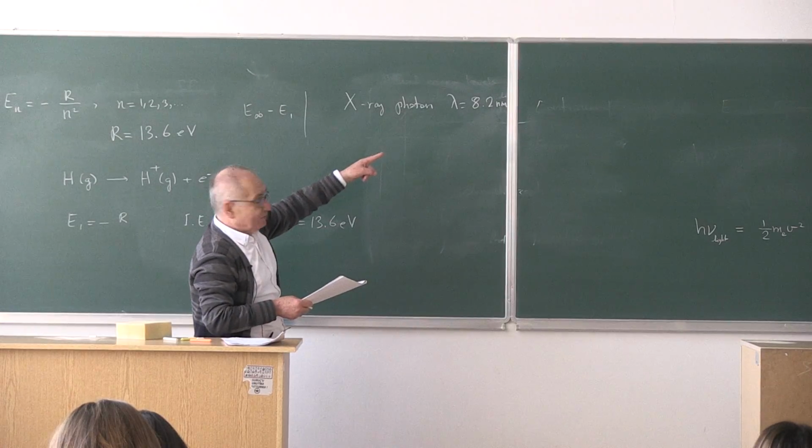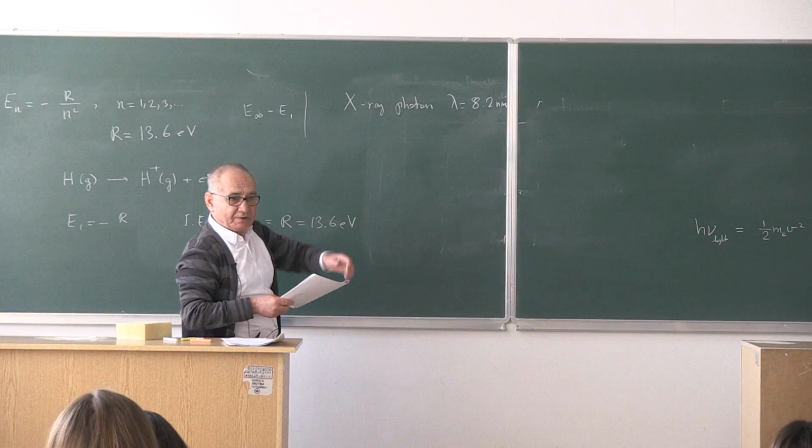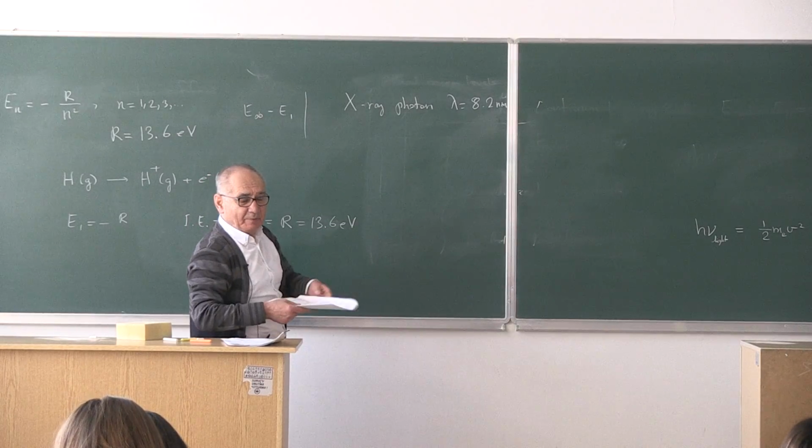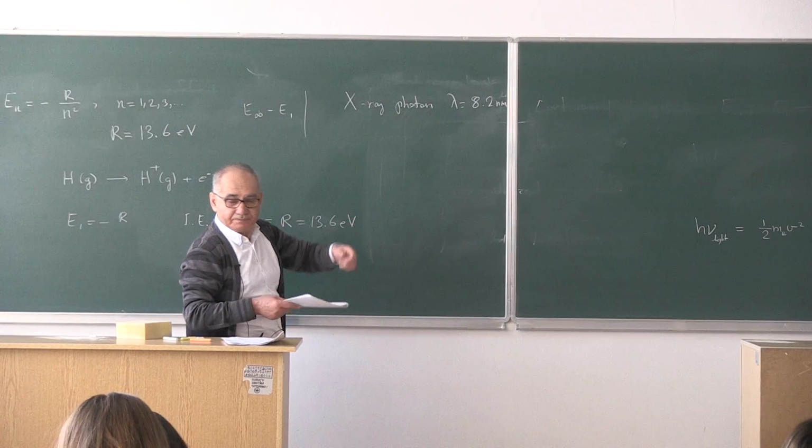If this photon energy is larger than this value, then electron will be ejected. The extra energy will be seen as kinetic energy of the electron.